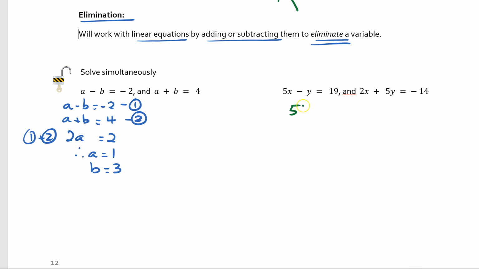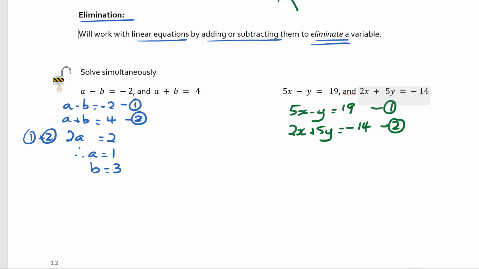Now for my next example, sounds like for my next trick, first equation, second equation, it's not nice because I can't just add or subtract. So what I really need to do is to say, well, I'm going to get rid of either x or y. I have to have the same coefficient of the x's or the y's before I can add or subtract.